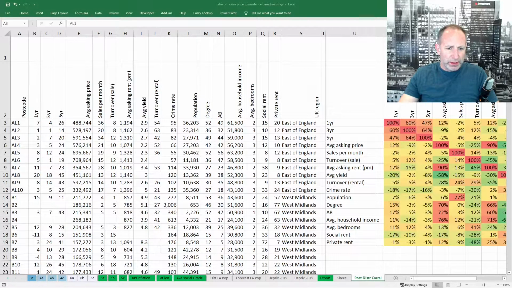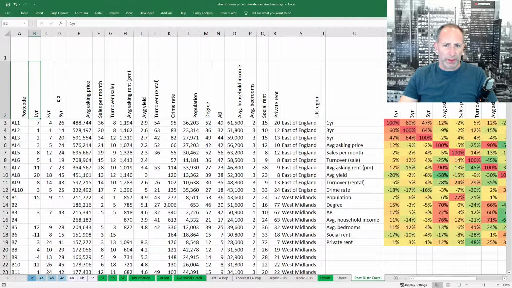All right, so let's get into some of the variables. Obviously postcode district. Then we have 1, 3, and 5 year capital growth. The capital growth numbers are not what I call real numbers. They're not inflation adjusted. They're just nominal capital growth figures.